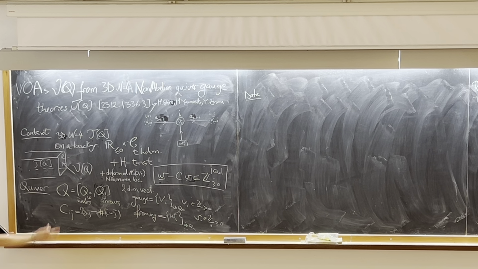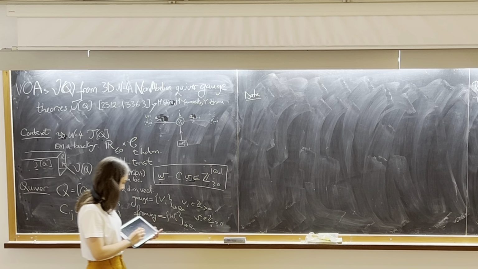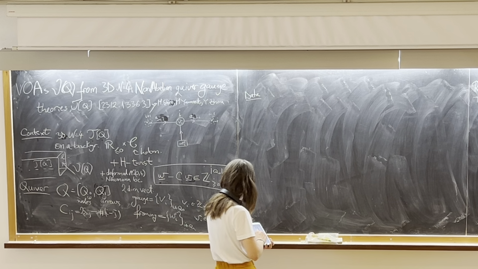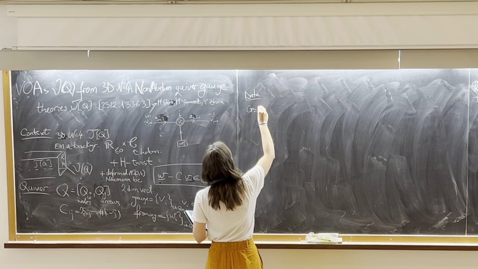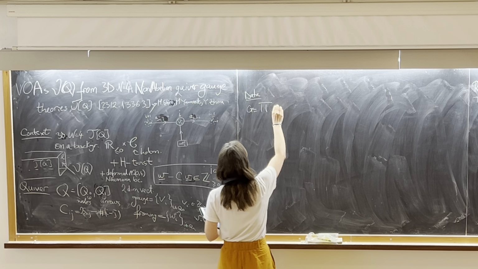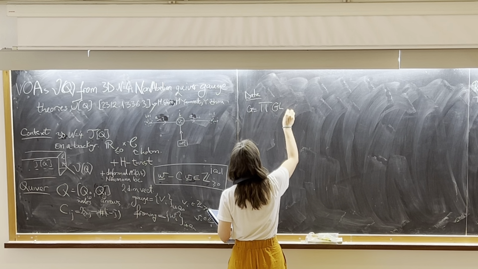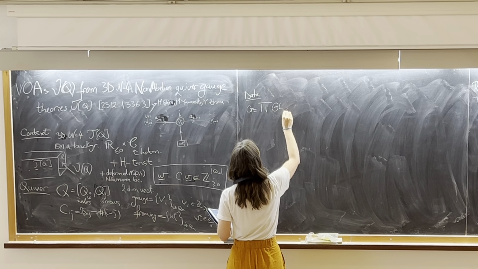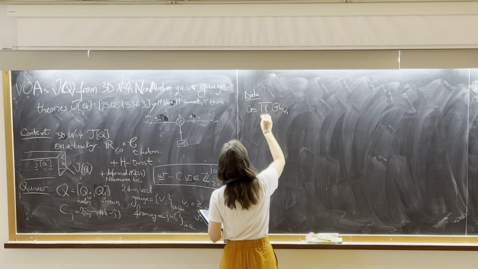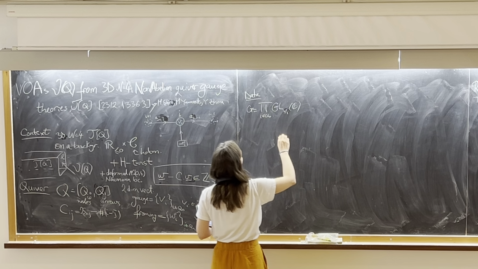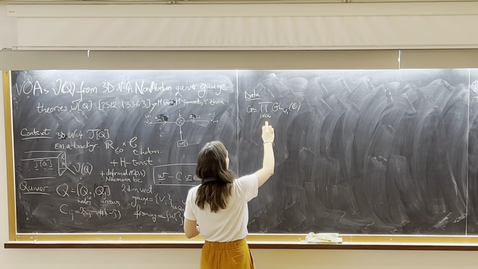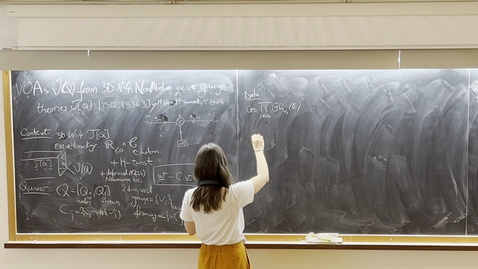I will just say that from this setup, the data that one has is G, which is a reductive Lie group, complex valued, so the product of GL(V_i) for i in Q_0. So this is a complexification of the corresponding gauge group.